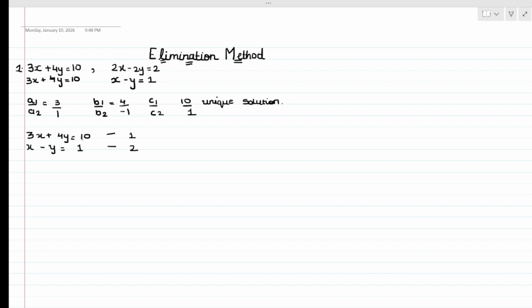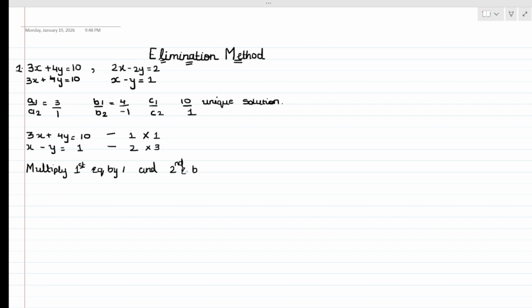As the first equation already has 3x, nothing should be multiplied to it, so we are multiplying it by 1 only. But for the second equation, if I want to make 3x, I need to multiply it by 3. So write down: multiply the first equation by 1 and the second equation by 3.